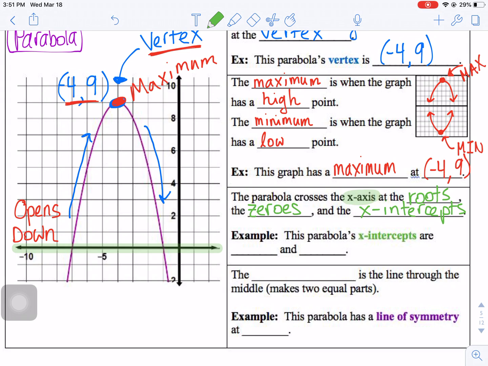So the x-intercepts are where, if you look at our graph again on the left, the x-axis and our graph, the purple parabola, cross each other. They cross each other at these 2 points shown in green. So this left one here on the bottom right corner, and this right one as well.